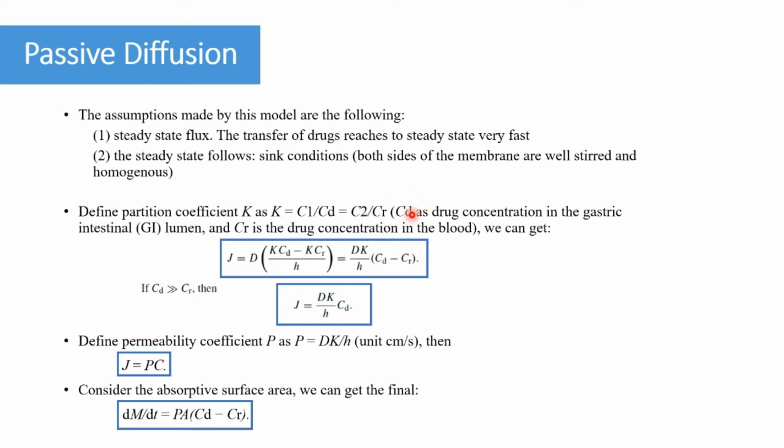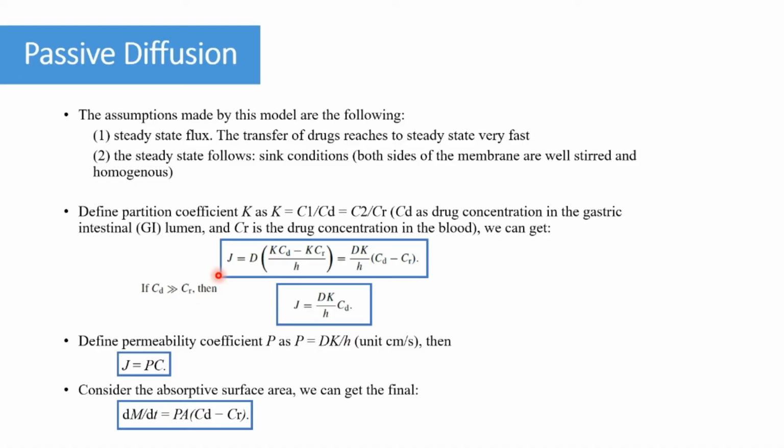And here, CD is the drug concentration in the gastrointestinal lumen, while CR is the drug concentration in the blood. C1 and C2 are the drug concentration in the membrane on different sides, but CD and CR are the concentration of the drug in the gastrointestinal tract and in the blood, respectively.